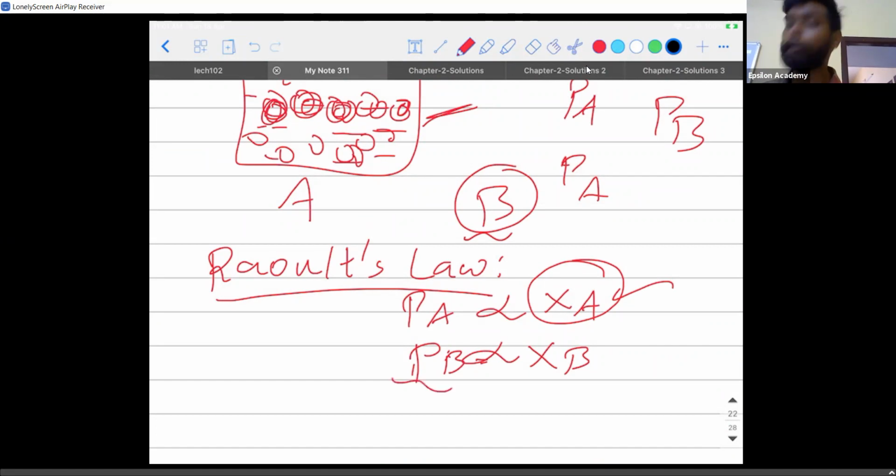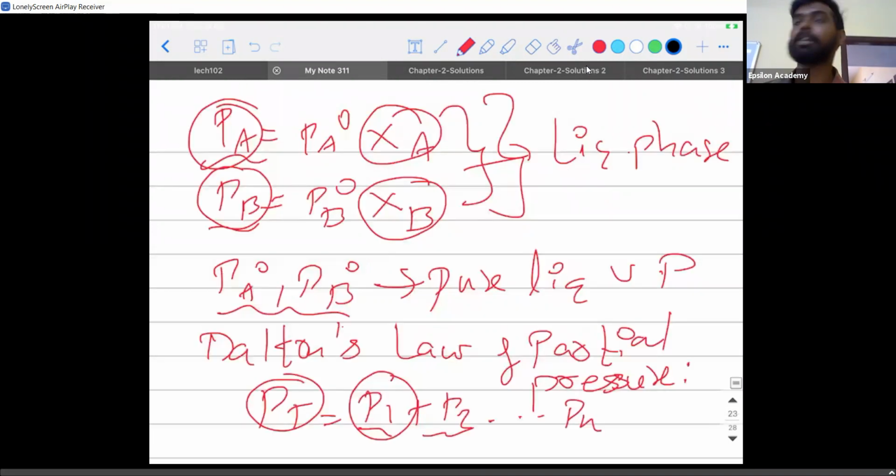In the same way, the partial vapor pressure of B, PB, is directly proportional to the mole fraction of B in liquid phase, that is XB. To remove the proportionality sign, we introduced two things, PA naught and PB naught. What are these?